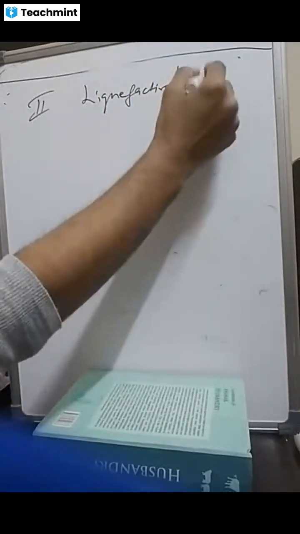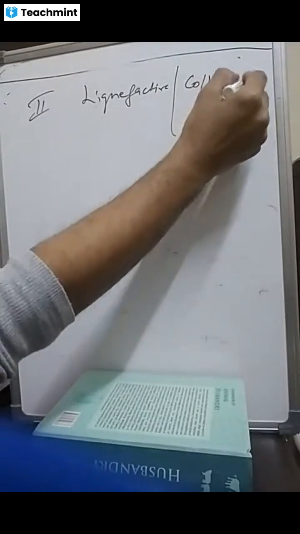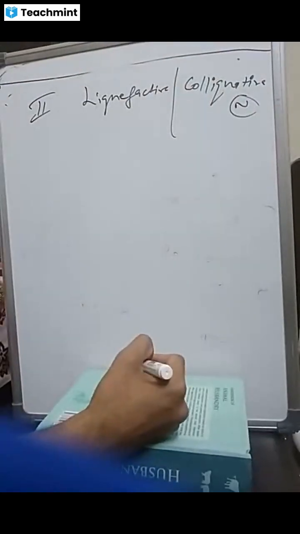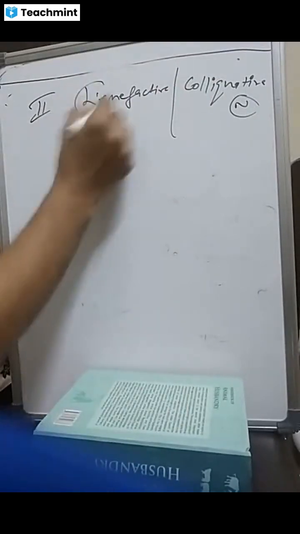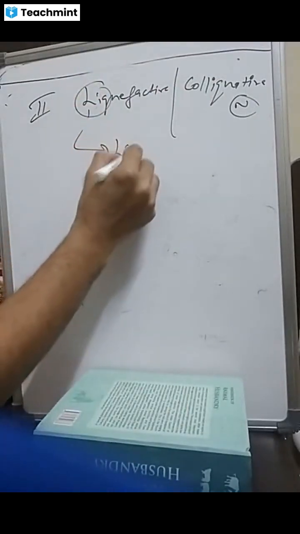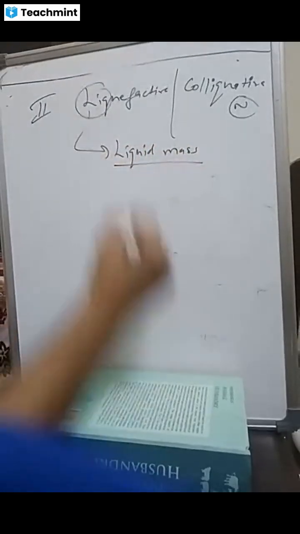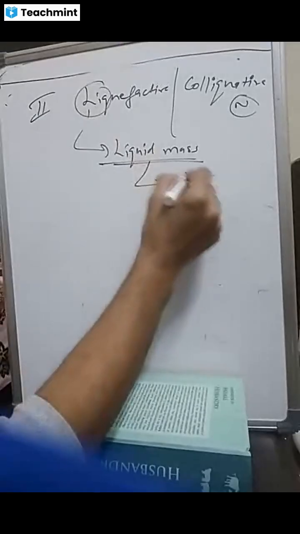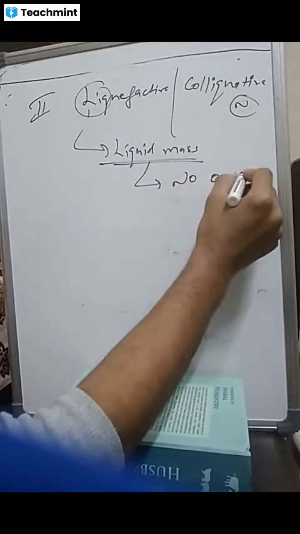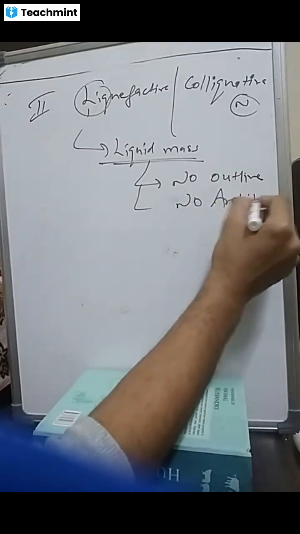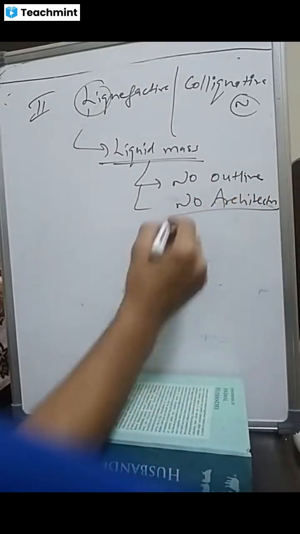The other name is colliquative necrosis. Here you will find a liquid mass. Liquid mass means no outline, no architecture preserved.